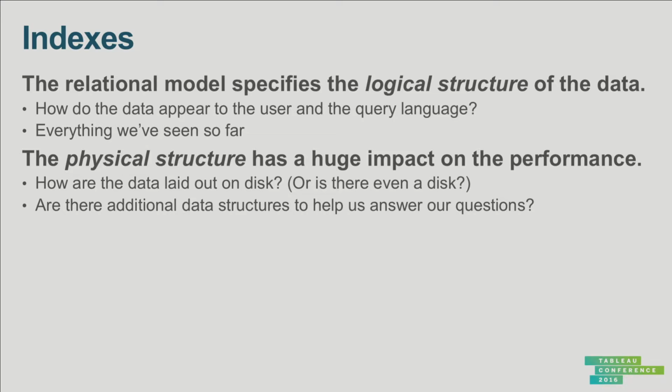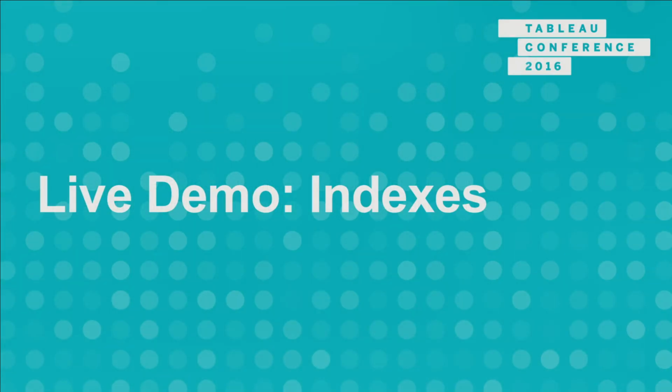So I can change the physical layout without changing that logical model. And I can tune the performance without changing the programs effectively that I'm running against my data. And we'll see this.